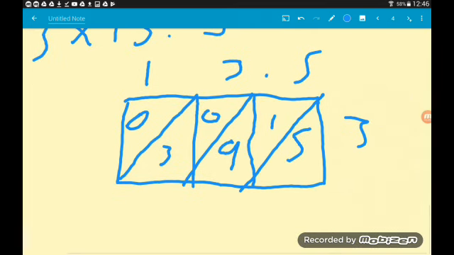So again, we start from bottom right. So that's just going to give us the 5. Then we've got 1 plus 9, which is 10. So we put the 0 there, carry the 1 up. 1 plus 3 is 4. The last thing we need to do is work out where the decimal goes.